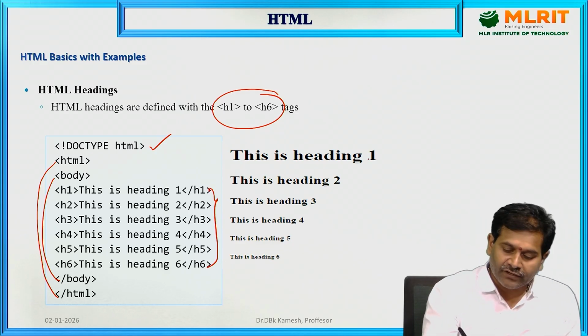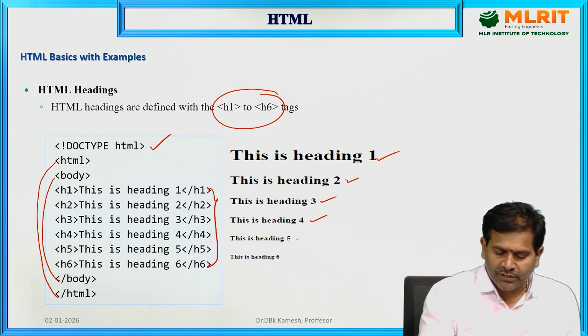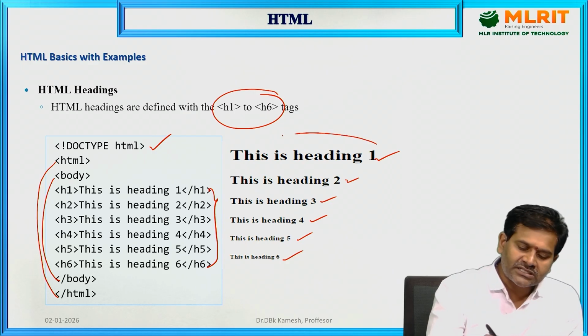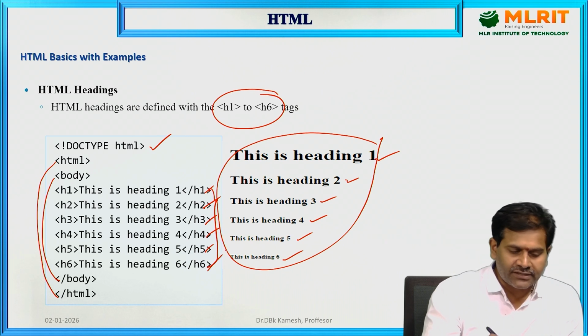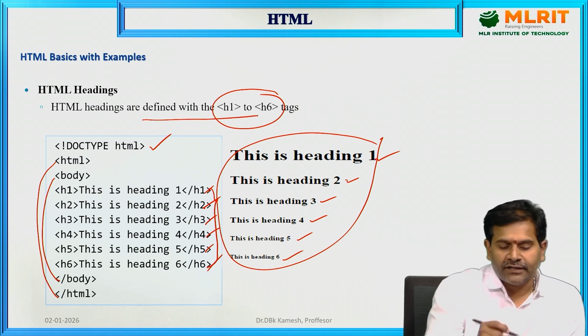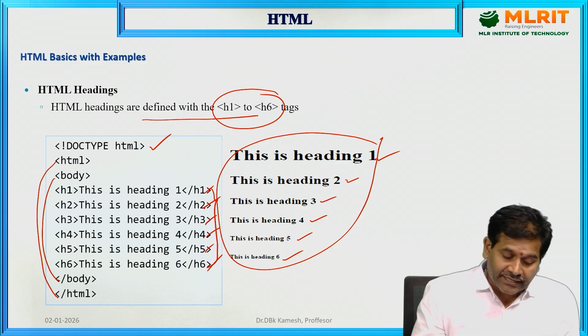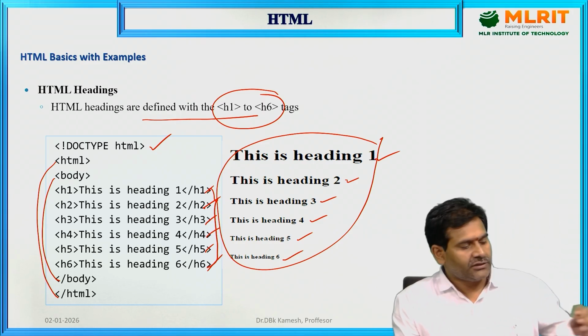First one, heading 1, is the biggest, the next is smaller, and the next smaller. So there are 6 varieties of fonts given: H1, H2, H3, H4, H5, H6. These headings are defined in the H1 to H6 tags. These are the basic examples of HTML.